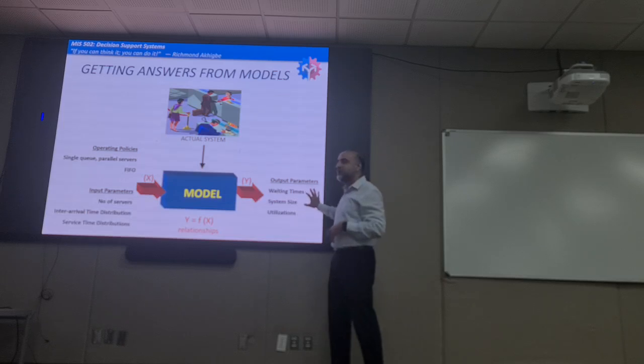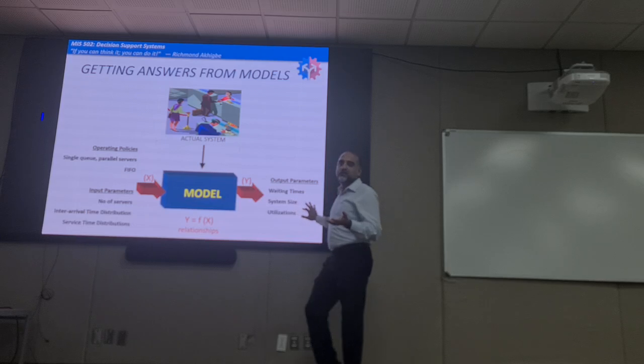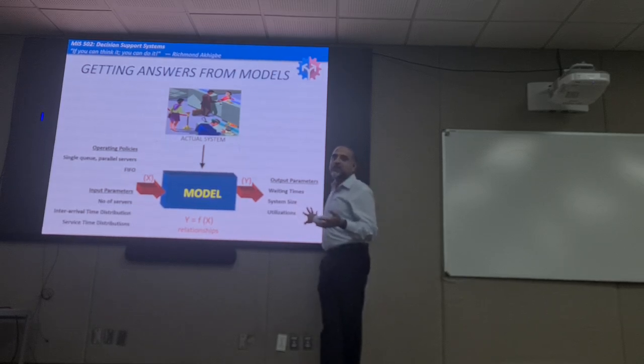Performance measures could differ by case. For your case, utilization may be more important than queue size, because the resource that you're looking at is very expensive, very rare. So in such cases, the resource becomes more important, right? For example, a very specialized doctor who is the only one in the city.